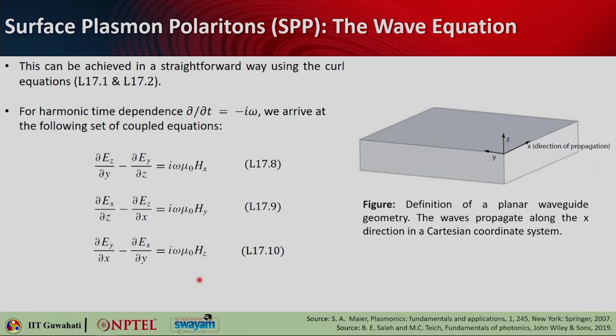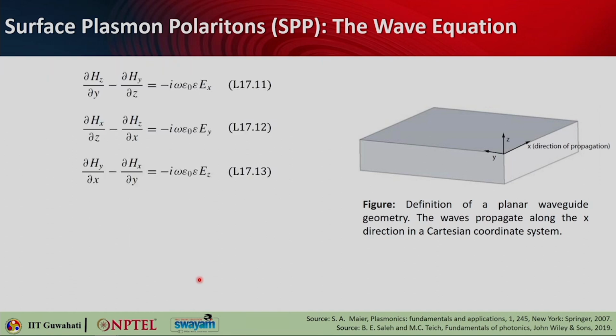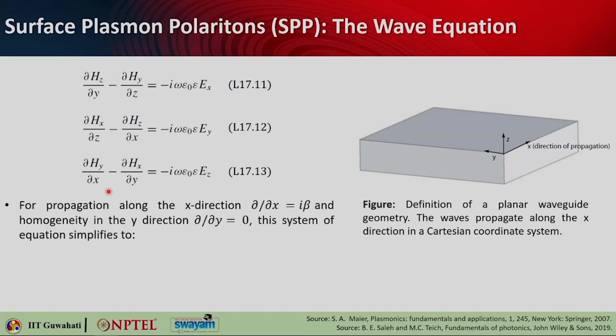This is not rocket science; you can sit down, write the vector equations and put in those components, and you will get this after you apply those conditions. Similarly, you can get the other set of equations that correlate electric fields to magnetic fields. These are interrelated equations, fine.